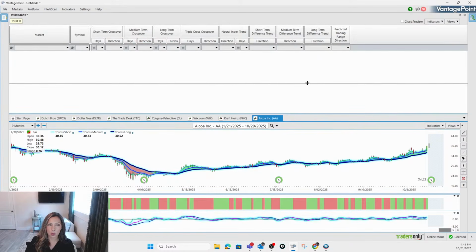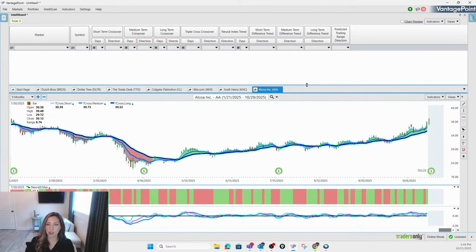So if you're a VantagePoint user and you are using IntelliScan regularly, just type in the chat. Let me ask it this way: how comfortable do you feel with IntelliScan? Give me kind of low, medium, and high, right? What's your confidence level using IntelliScan?